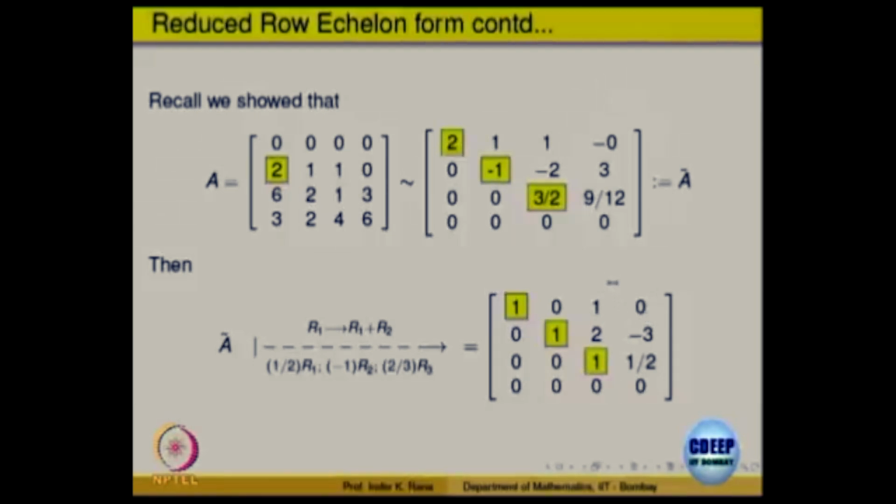In the reduced row echelon form, what matters is the pivotal columns, right. Pivotal columns are in increasing order, and second, the pivot is 1 and each other entry in that pivot column is equal to 0. Everything else is of irrelevance to us, right, and that form is unique.